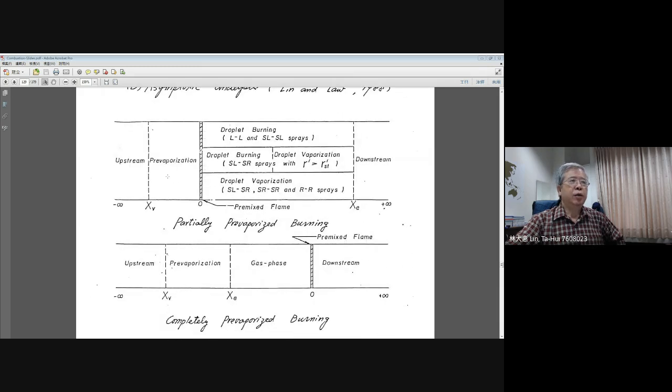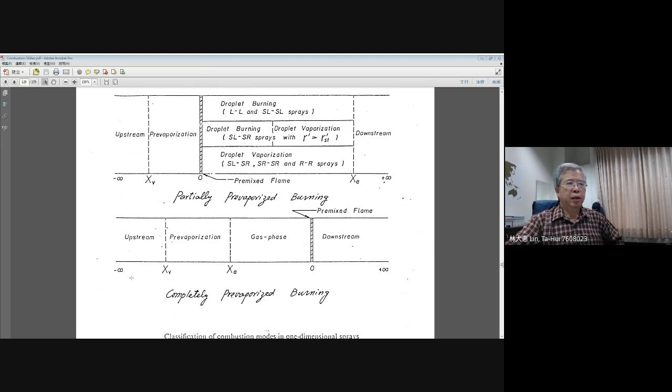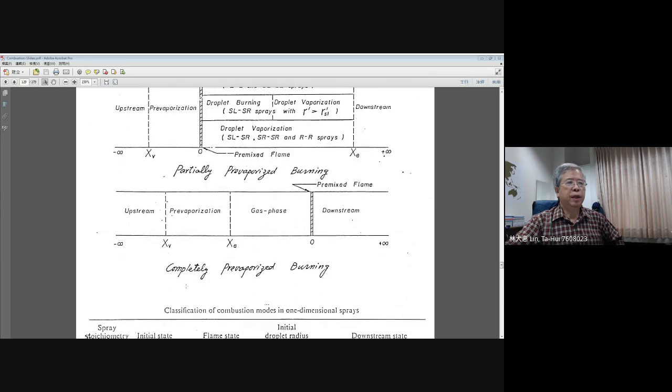We tried to look at the structures like that. We consider two kinds of burning. The lowest one, for example in this figure, is the complete pre-vaporized burning. Actually, this mechanism represents that all the droplets will completely evaporate before they go to the premixed flame.